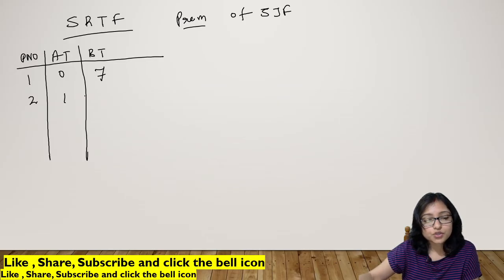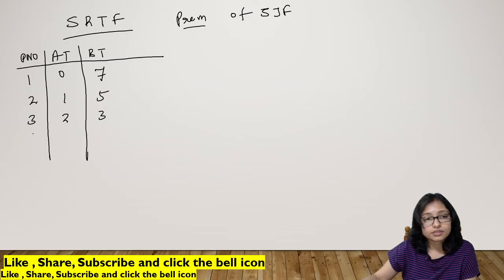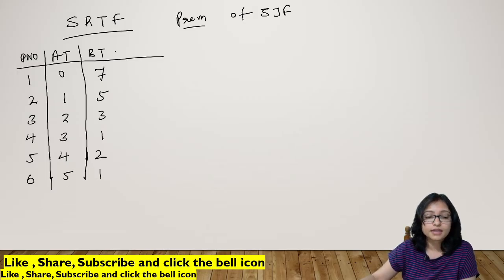So here it is P2: 1, 5. After that P3: 2, 3, and after that P4: 3, 1, then P5: 4, 2, and finally P6: 5, 1. This is the process number, arrival time and burst time.